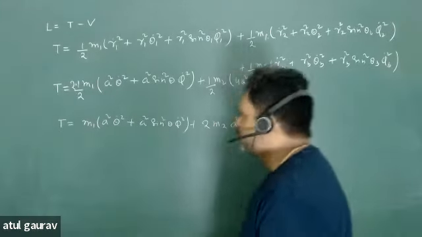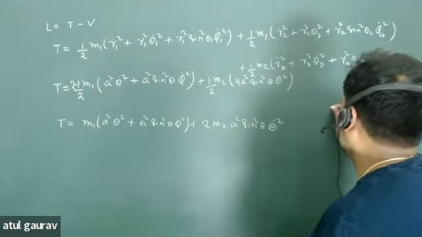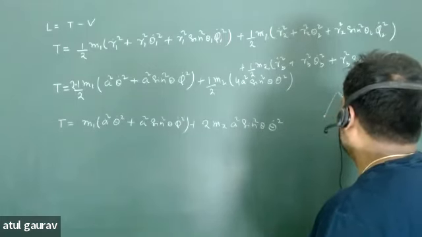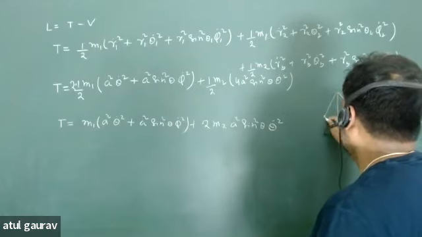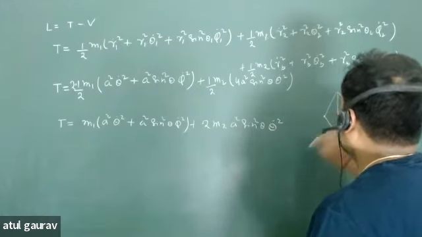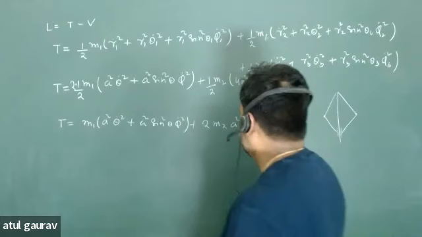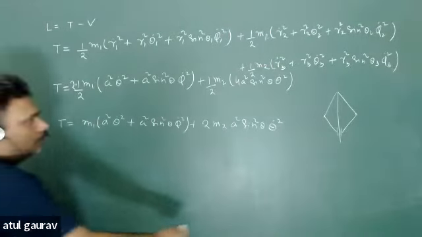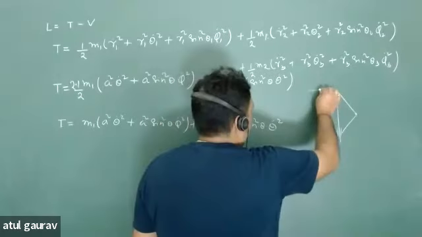So what is potential energy for the first particle? Just tell me. M1 R1 cos theta 1. Very good. So you have to just go for this distance.